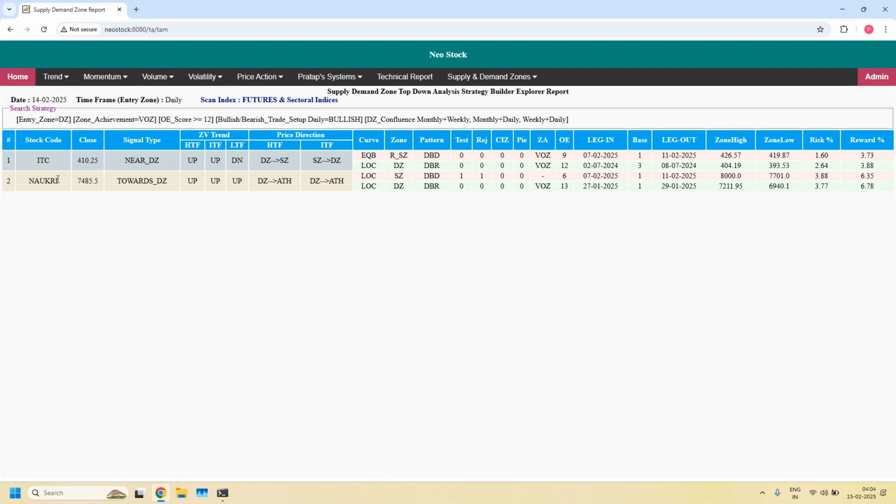At present, these 2 stocks have daily zones overlapped with the weekly zone, both together overlapped with the monthly zone, and the monthly trend is up in both these stocks. If any of these monthly zones has a monthly EMA, then these stocks could have an even higher probability to get success. Let's verify.